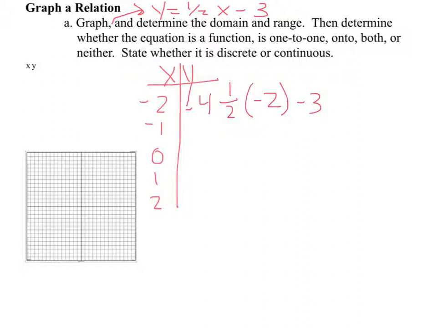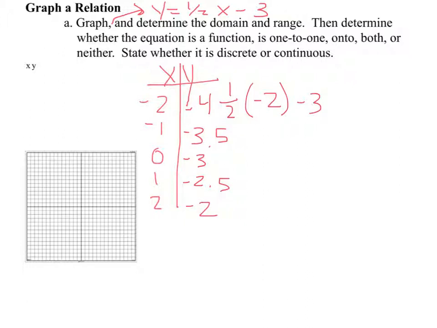So you're going to do that to get each y value, and you'd end up with -3.5 for -1, -3 for 0, -2.5 for 1, and -2 for 2.